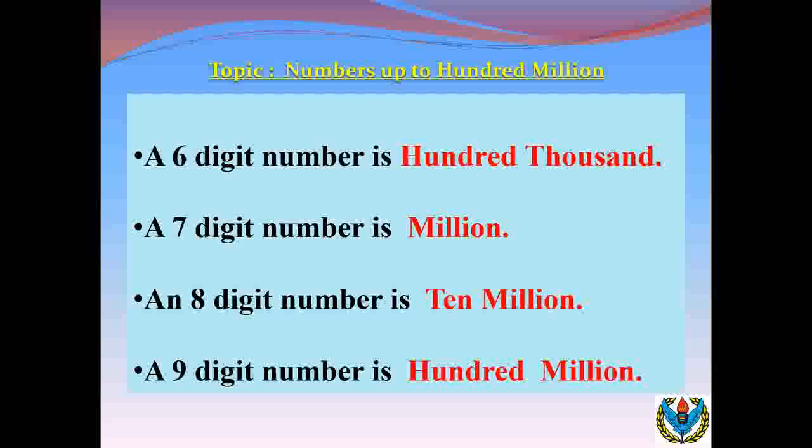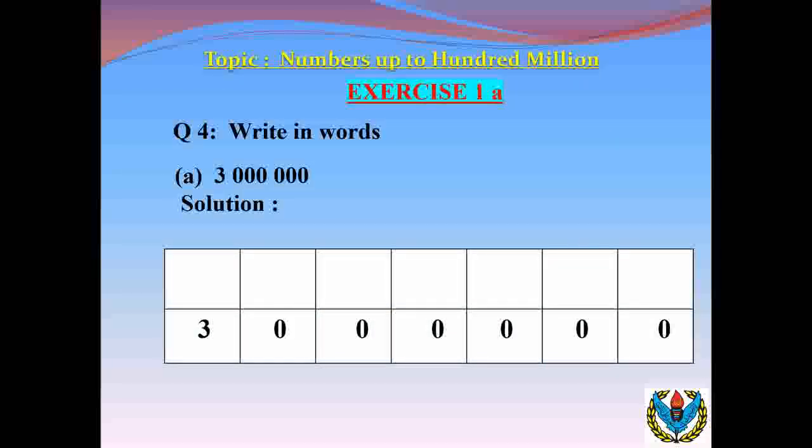100 million. Exercise 1A, page number 6. We will solve question number 4 of this page. Write in words. They have given us a 7-digit number. We will put that number in a place value table and we will put values on each digit.